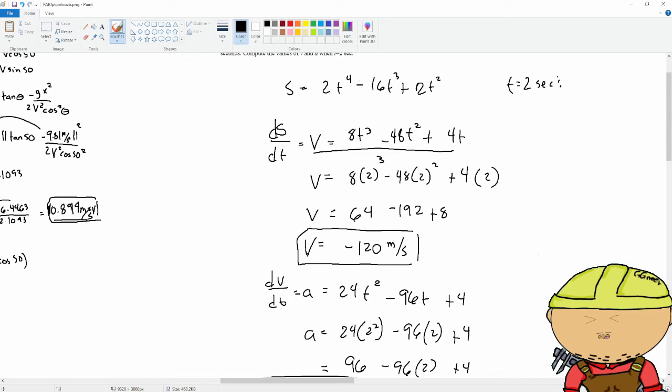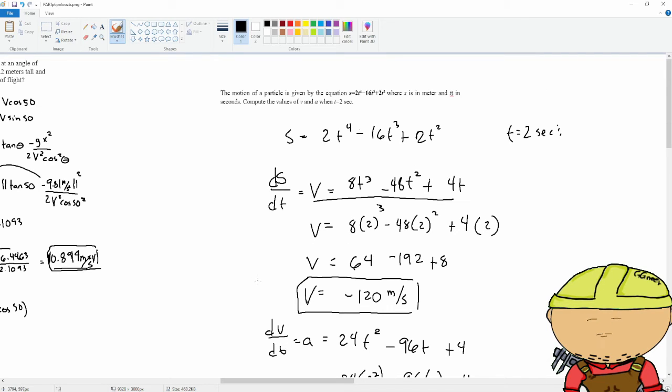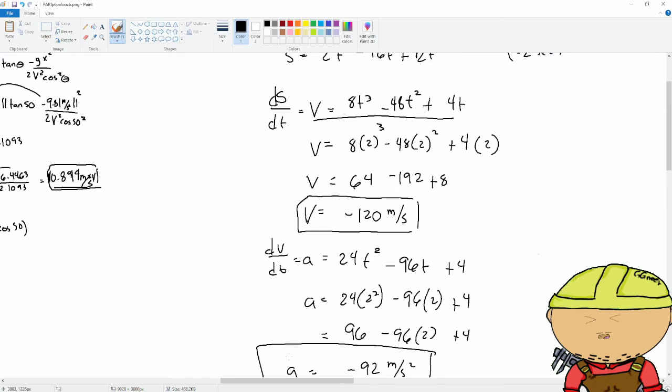But if we're given a third degree or fourth degree, we just have to differentiate it. The first differentiation of distance will be velocity, and the first differentiation of velocity will be acceleration. Okay? That's it. I think I did my differentiation correct.